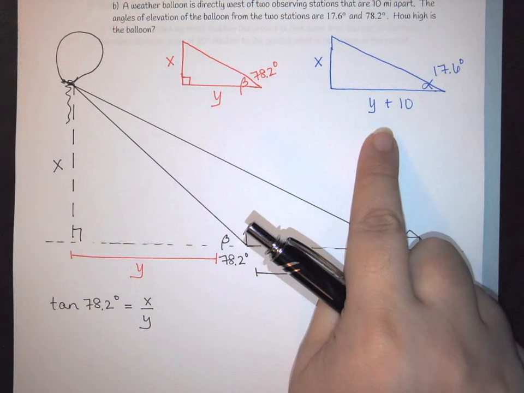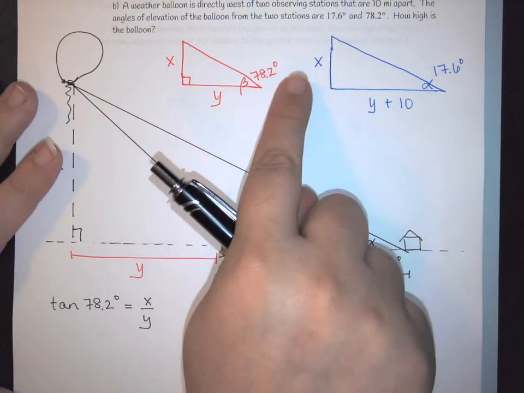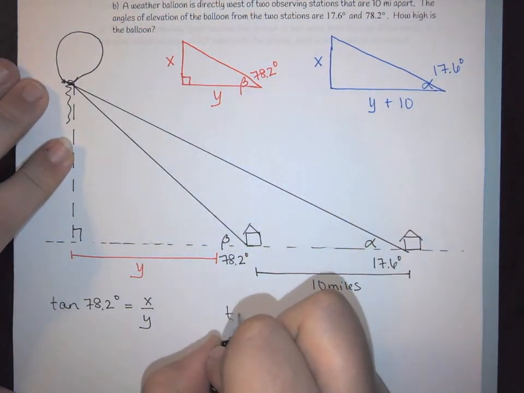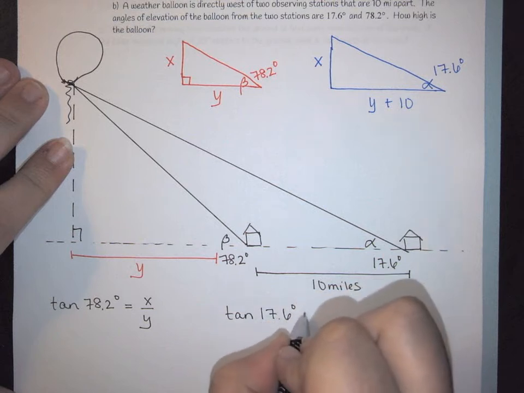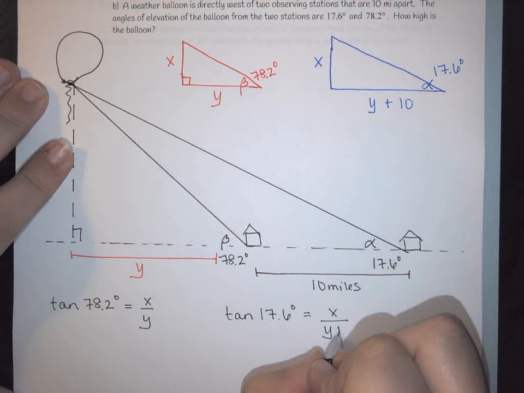Looking at the other triangle, I also have tangent of opposite over adjacent. And so in this case, I also have that the tangent this time of 17.6 degrees is going to give me X over Y plus 10.